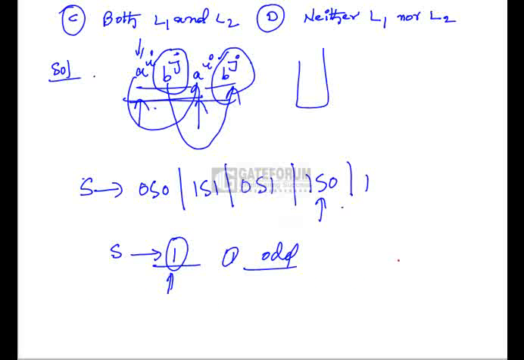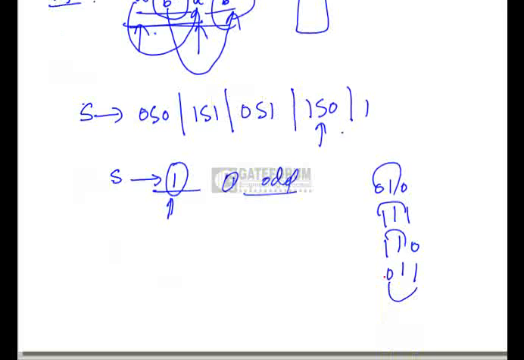For example, if you want to have a middle symbol 1, before and after we may have 0 0 or we may have 1 1 or we may have 1 0 or we may have 0 1. So for these combinations we should have 0 1 0, 1 1 1, 1 1 0, 0 1 1 combinations. That's why 0S0 will replace that, and 1S1 and 0S1 and 1S0.